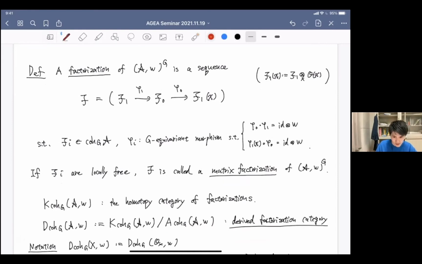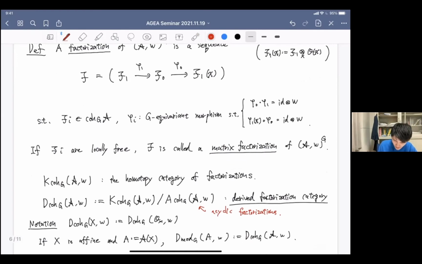I don't give a precise definition of this category, but it consists of acyclic factorizations, which are an analogy of acyclic complexes.